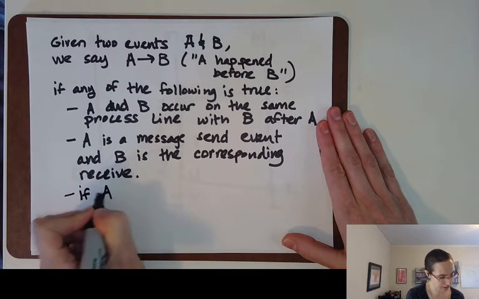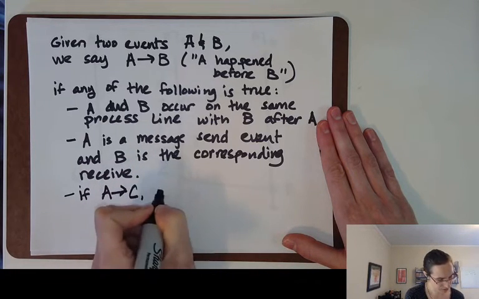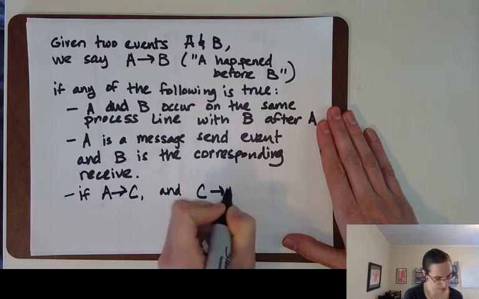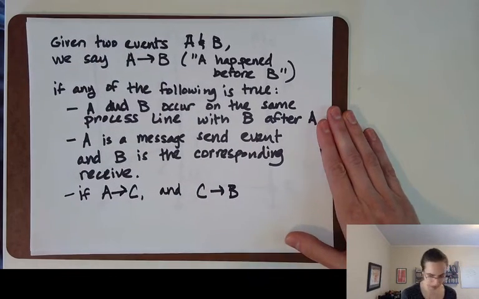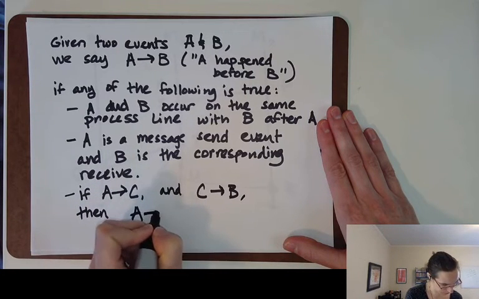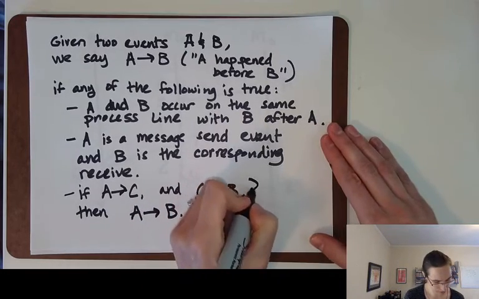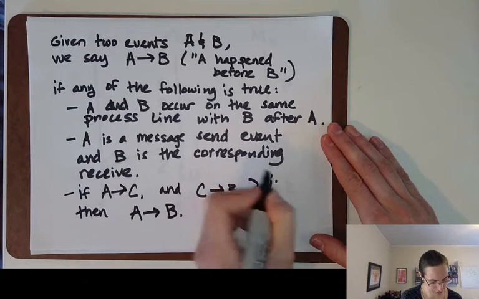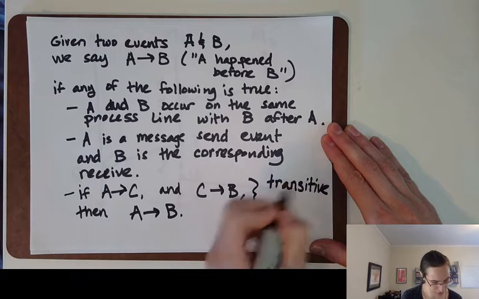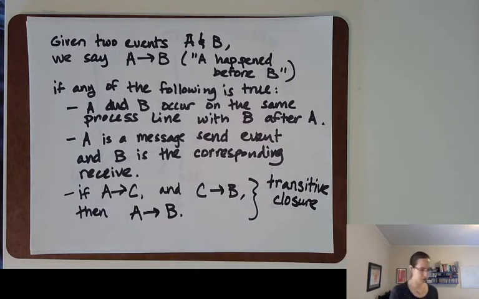So we say that if A happens before some other event C, and C happens before some other event B, because A and B are the two that we're talking about, then A happens before B. This last part is what makes it a transitive relation. We call this the transitive closure of the relation.